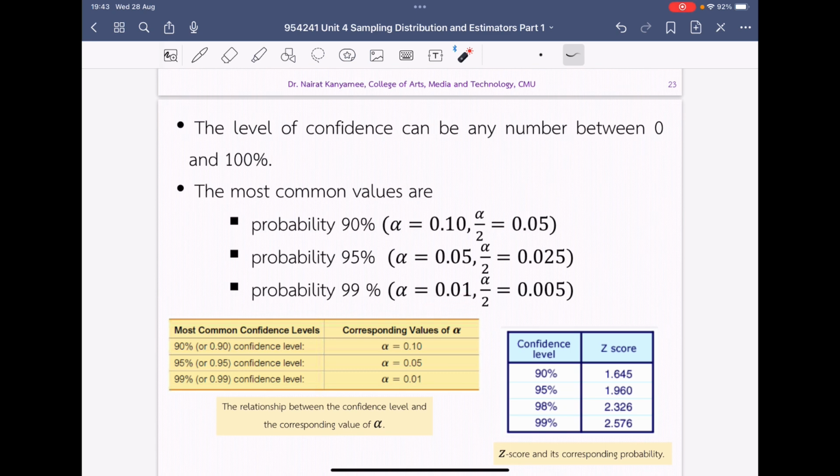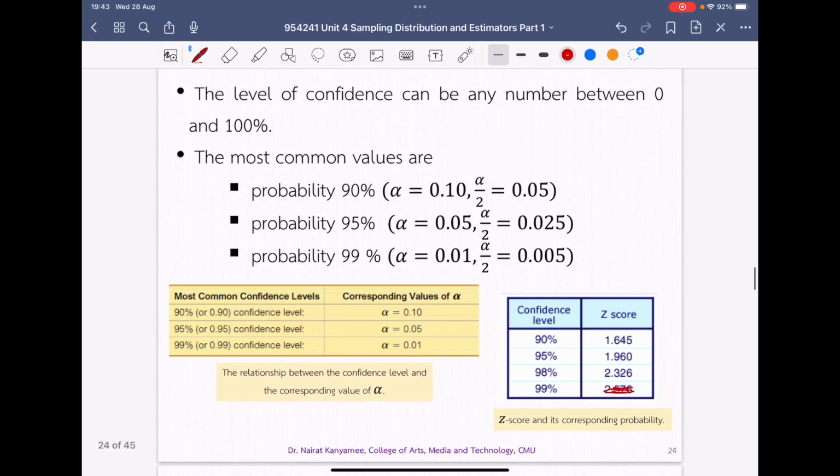So alpha over 2 is 0.005. And the z-score, we already found it here. Actually, we need to fix this. For 99%, it's actually 2.575. Okay, fix that.